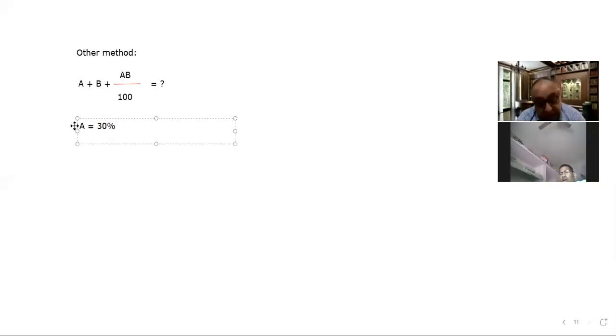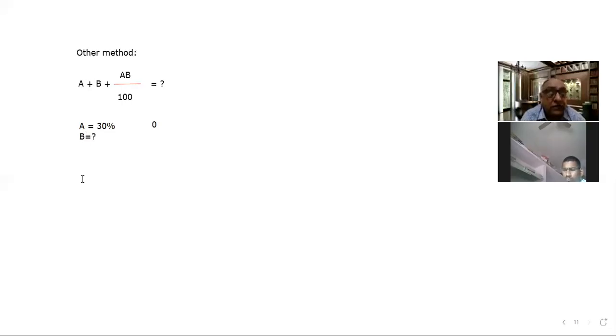B is the other change, which is the fall in consumption, and we need to find B. We don't have the value of B here, so B will remain as it is. The expenditure remains constant, so the net result is equal to 0.